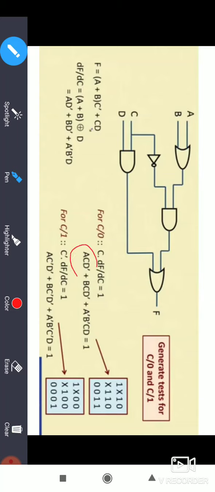This representation is called the cube method or cube representation. So we will see one more example.